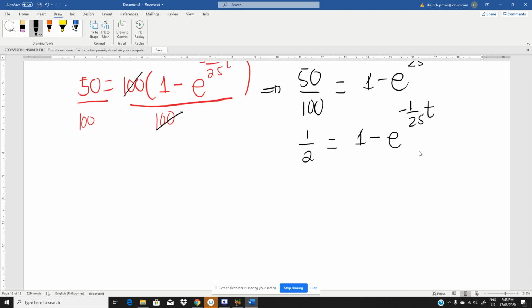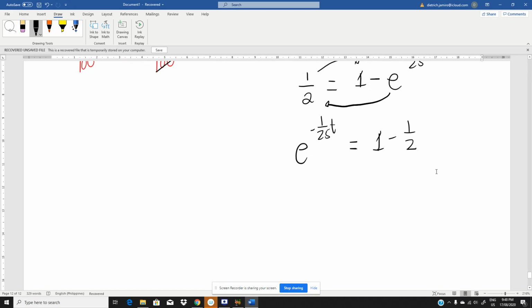And then transposing 1 half to the right side and this one to the left side, we will have e raised to negative 1 over 25t is equal to 1 minus 1 half. And then taking the ln of both sides, we will have ln of 1 half and ln of exponential of negative 1 over 25t.